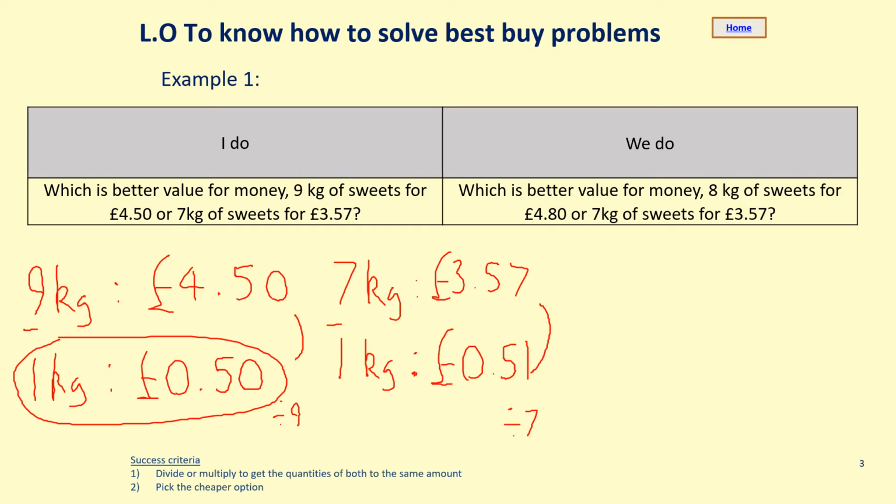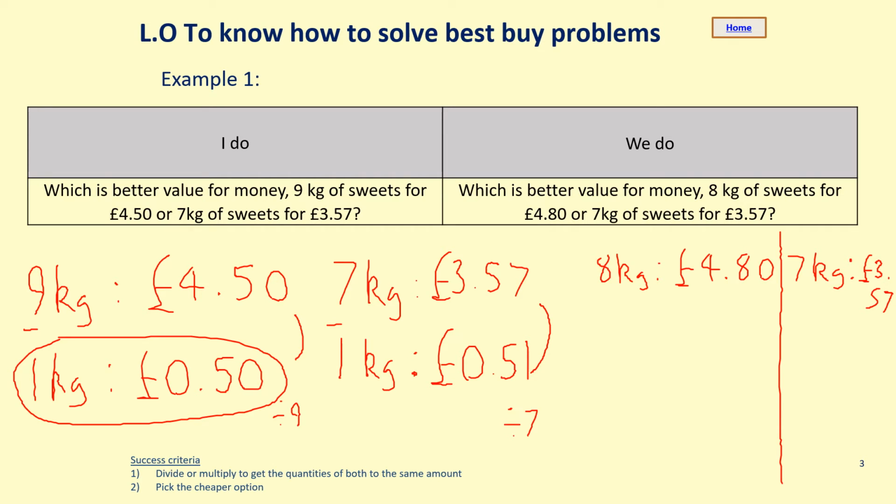Okay, so hopefully you've paused the video, you've worked through the we do, you've given it a go. I'll go through my solution now. So if you're not ready, pause the video, take a bit more time. Okay, so in this one we've got 8 kg for £4.80 versus 7 kg, I'm just going to put a line to divide those two, 7 kg for £3.57.